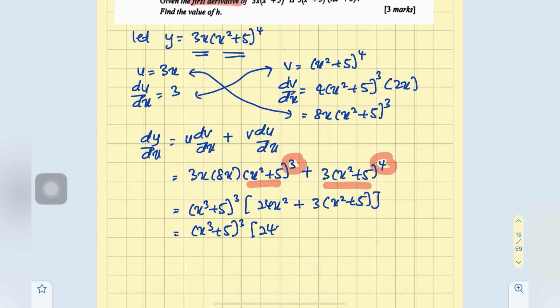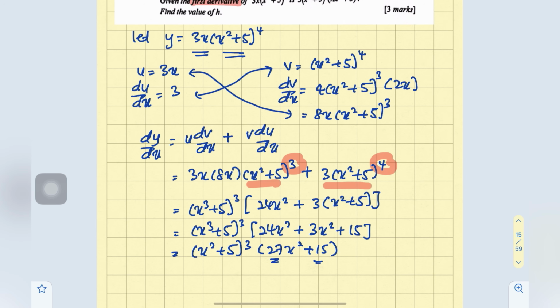So this one 24x squared plus 3x squared plus 15. So dapat x squared plus 5 cube. 24 plus 3, 27x squared. Sorry, x squared. Okay, sorry, x squared plus 15.